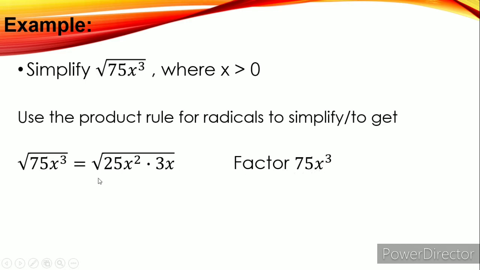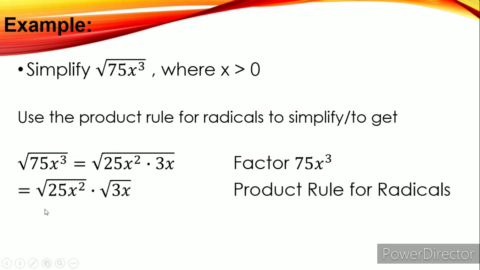Then, square root of 25x squared times 3x can be rewritten as square root of 25x squared times square root of 3x. That's the product rule for radicals. Then, square root of 25x squared times square root of 3x equals 5x square root of 3x. That's the simplified form of square root of 75x cubed.